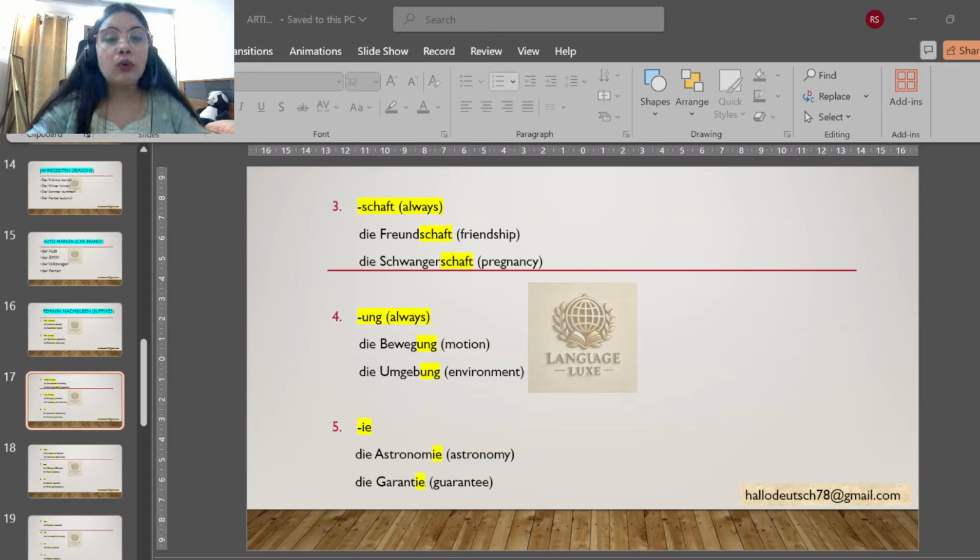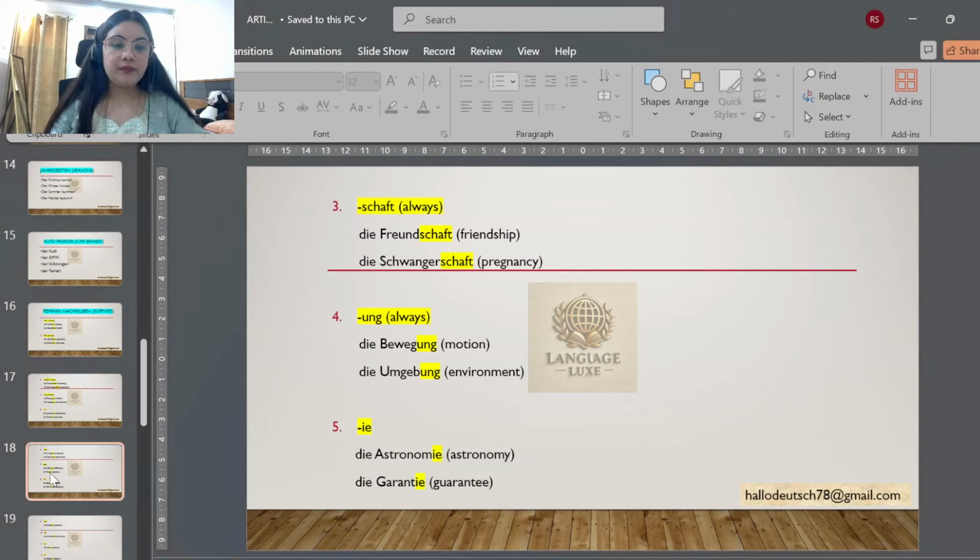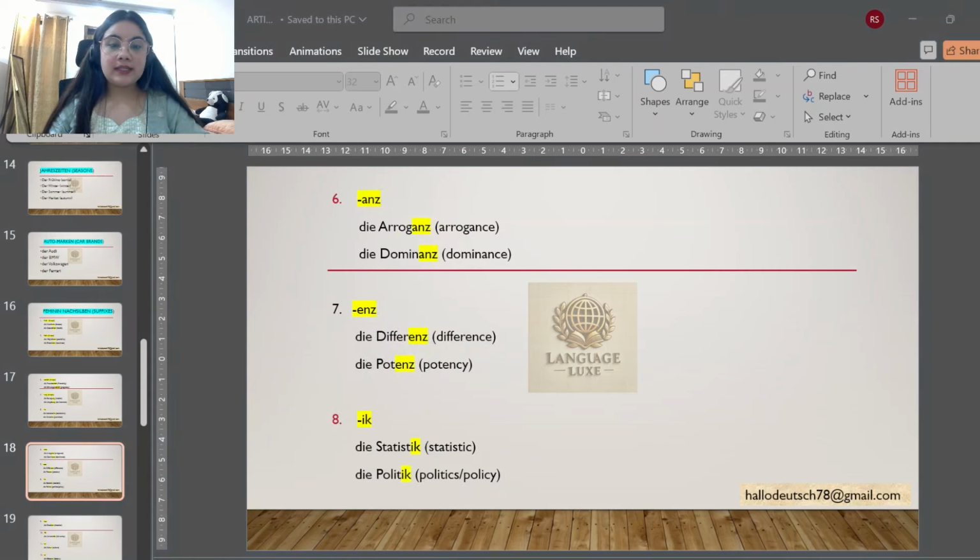Die Astronomie. Die Garantie. Because IE is coming, it is feminine. Then comes anz, ANZ. Die Arroganz is arrogance.